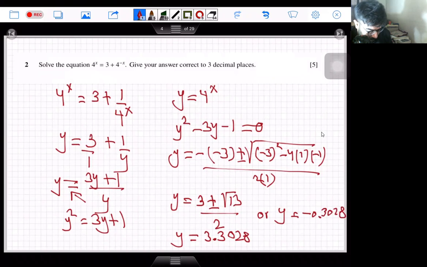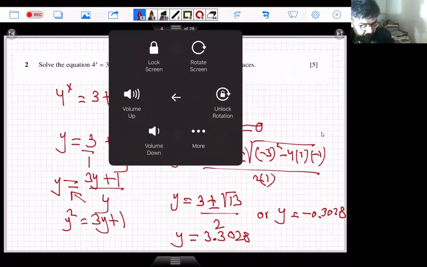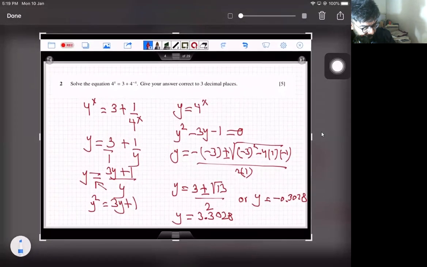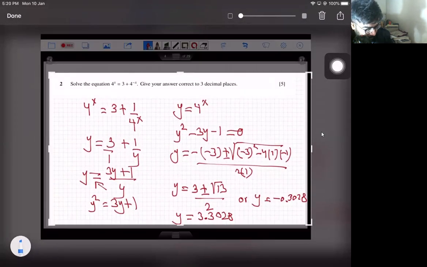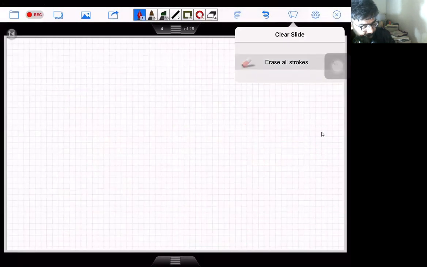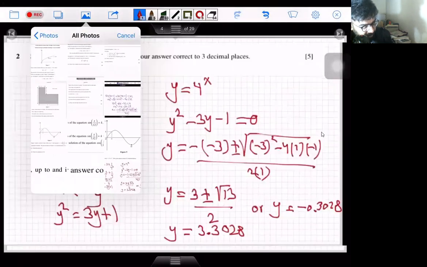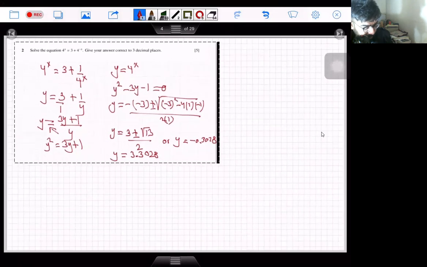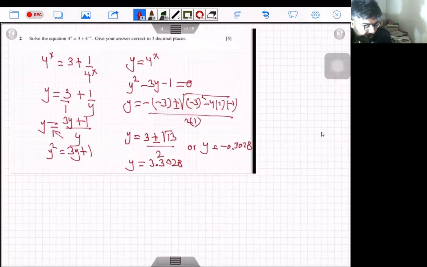Okay, but these are the solutions of y, but the requirement actually is to find out the values of x. Okay, so since we have made the substitution, 4 raised to the power x was equal to y, right? So y is equal to either 3.3028 or y is equal to minus 0.3028.